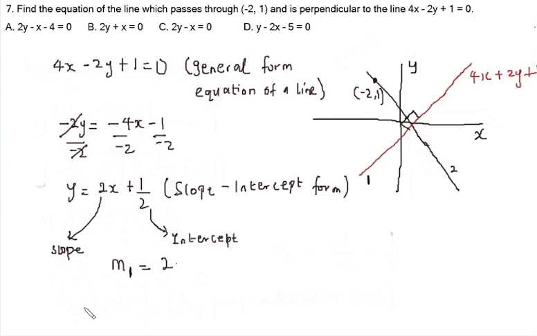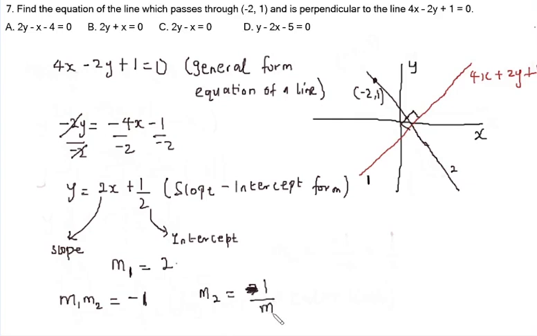And when two lines are perpendicular to each other, like is shown here, m1 times m2 is equal to -1. So to get the slope of our second line, we would say m2 is equal to minus 1 divided by m1.